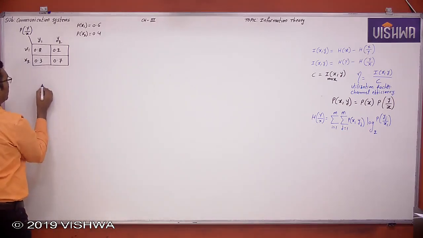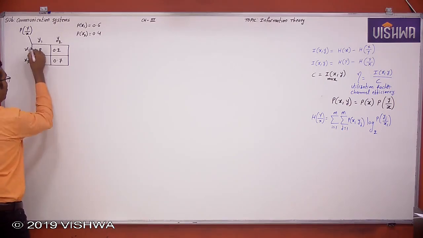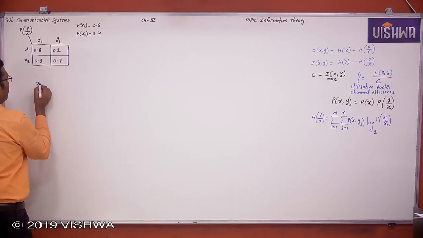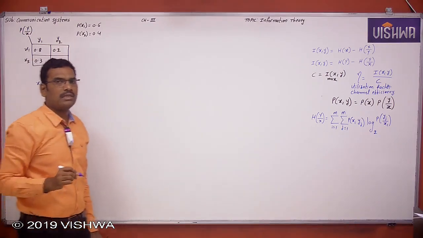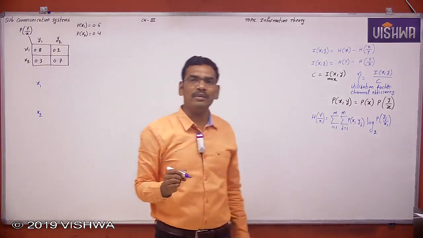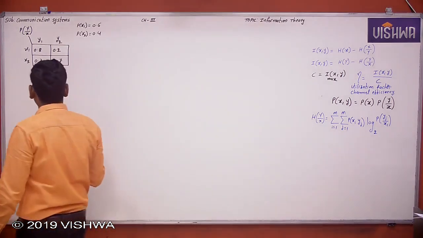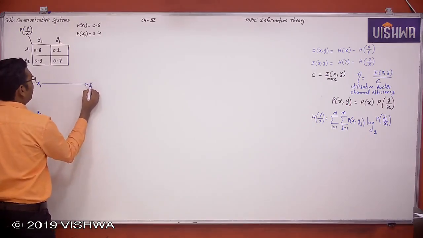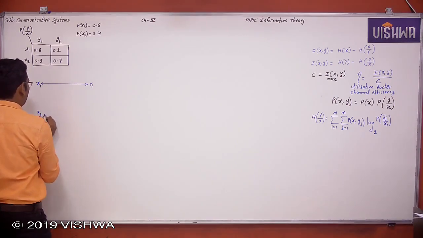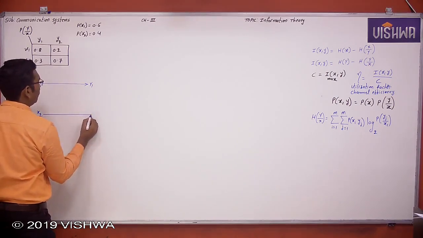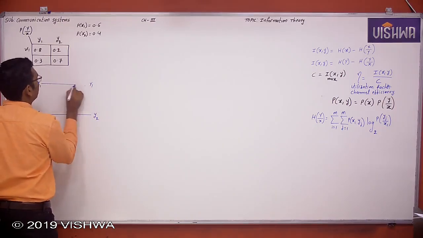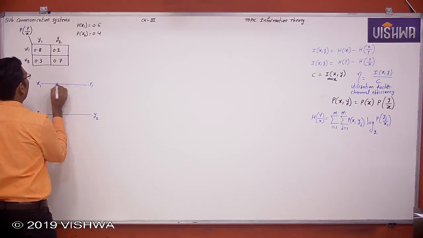Now there are two discrete sources, x and y. So x is nothing but x1, x2. As I already said, the source x is the transmitter and y is the receiver.